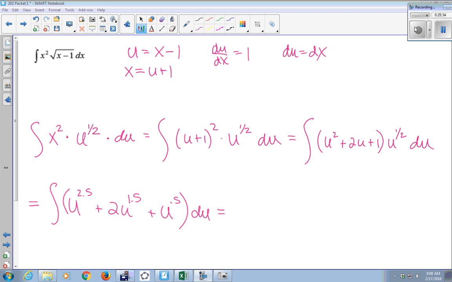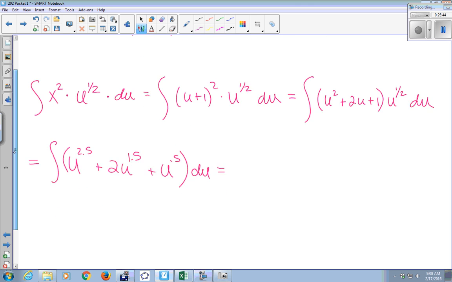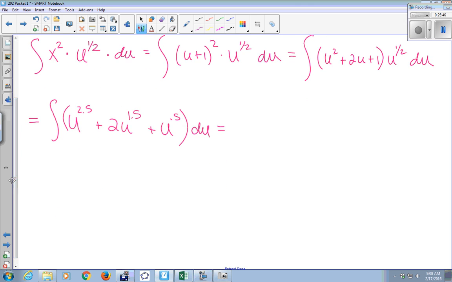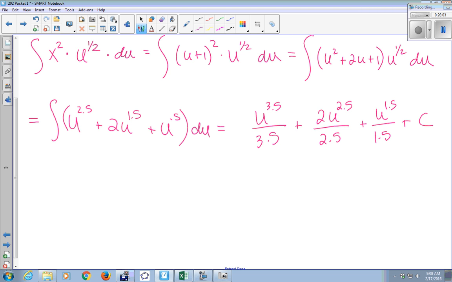And then I can just use the power rule to integrate all of my terms. The power rule says just increase the exponent by 1 and then divide by the new exponent. So this becomes u to the 3.5 over 3.5 plus 2u to the 2.5 over 2.5 plus u to the 1.5 over 1.5 plus c.